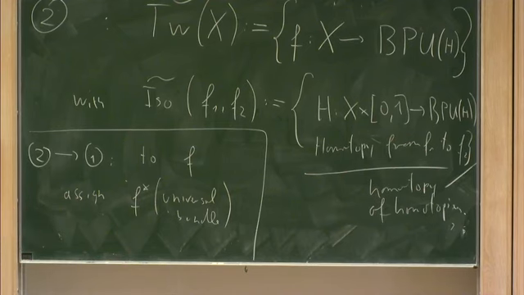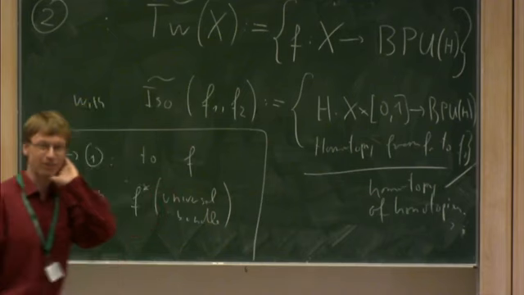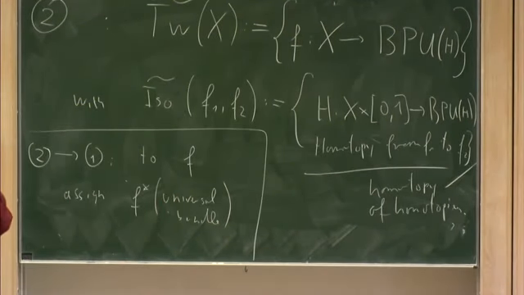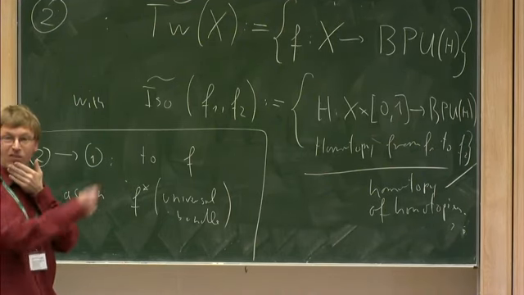Okay? But I actually do not know how to map easily from 1 to 2 without choices in a canonical way. Okay, so what is the base point in the second model? The constant map, so maybe you should fix a base point in your BPU to be very precise here. But the constant map is what I want. And the trivial bundle is, of course, a base point in the picture where the twists are bundles.